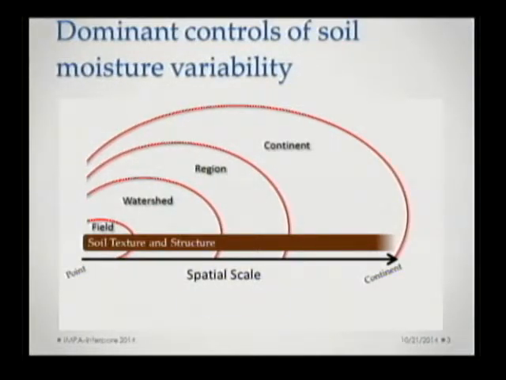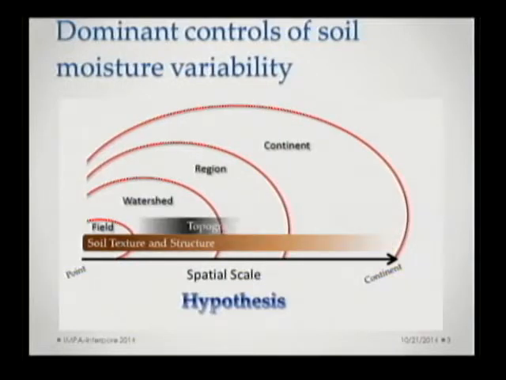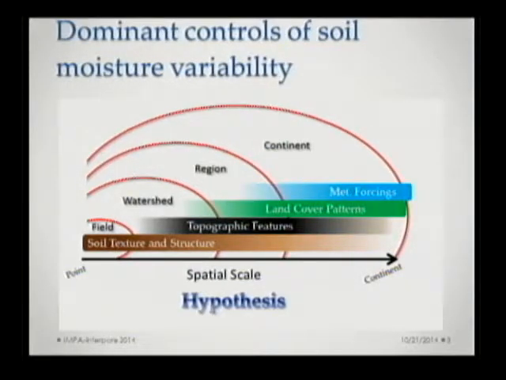So with that, we formed a new hypothesis that maybe you have different physical controls of the soil moisture variability at different scales, such as at the finer scales, soil texture and structure are the most dominant controls. But as you go closer towards, say, the watershed scale or the regional scale, then topography is more dominant.